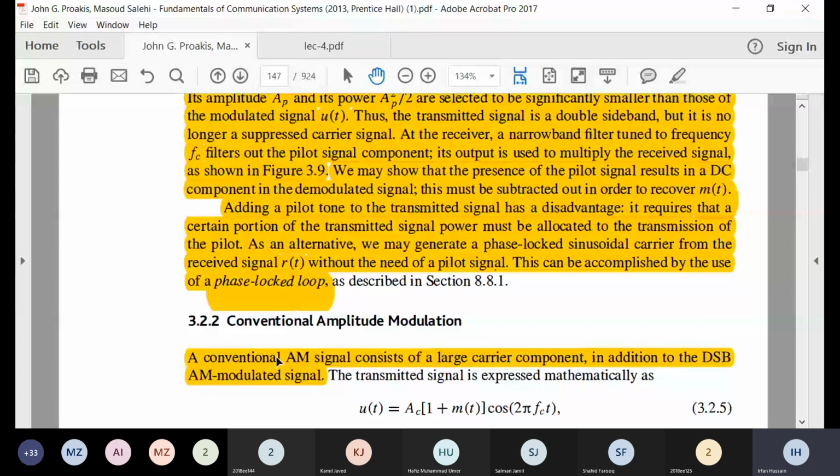So you can get rid of that carrier by, let us say, putting a capacitor which will block the DC part. So you will get back the original M of t. That DC component needs to be subtracted or taken out in order to recover your M of t.